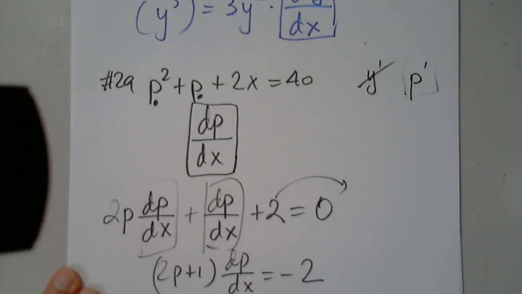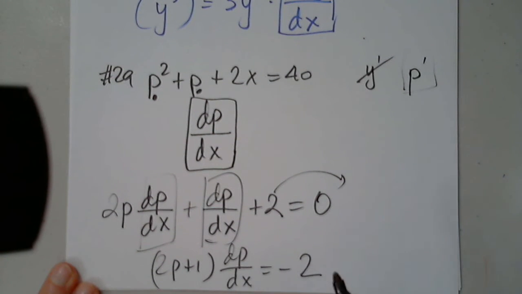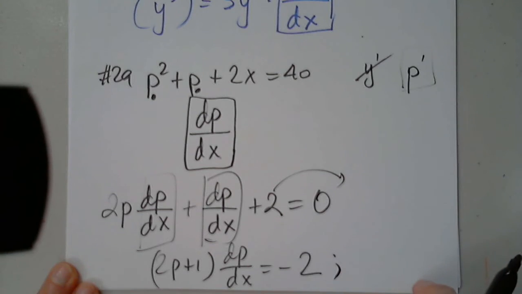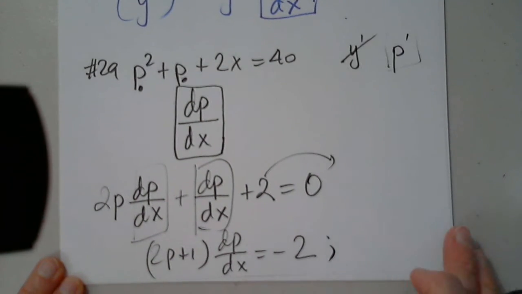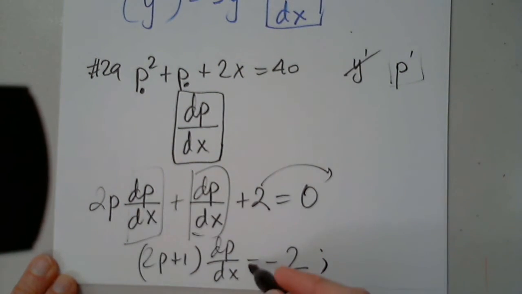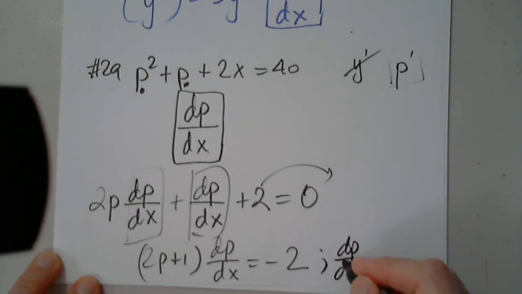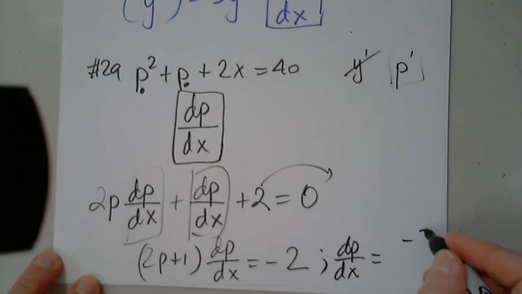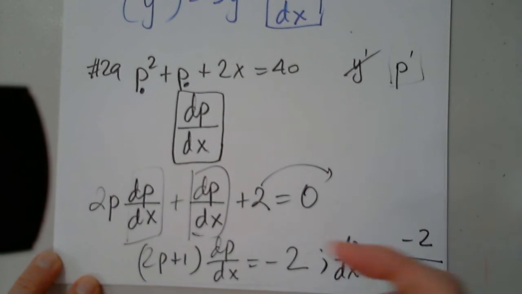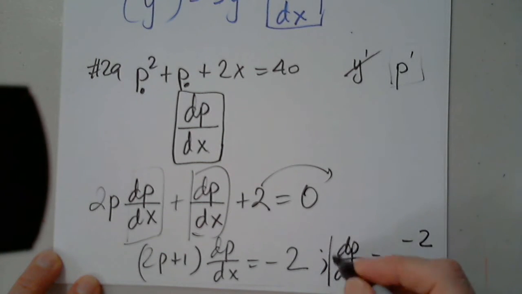So now I know that dp over dx is this over this, with a comma, do not write equal. Every equation has only one equal symbol: left-hand side, equal symbol, right-hand side. So dp over dx is negative 2 over this. Done.